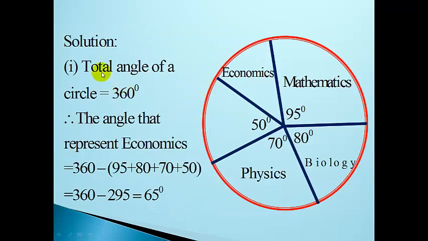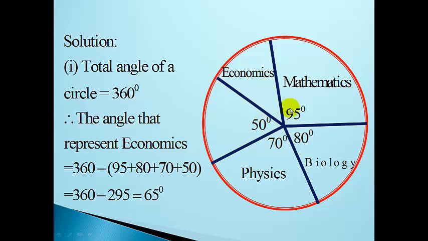Now, solution I. The total angle of a circle we know is equal to 360 degrees. The angle that represents economics will be equal to 360 minus the sum of all the angles. Take note that the angle for economics is not given, and that is what we are calculating.